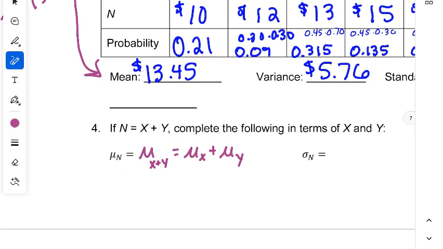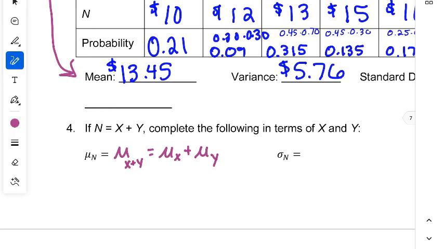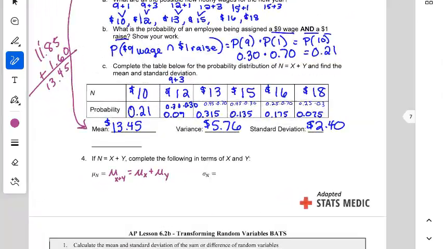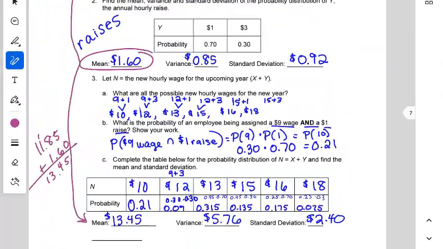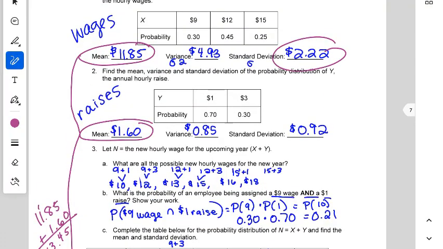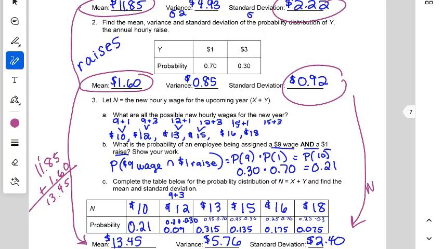All right, let's look at standard deviation though. Do the standard deviations add up? Can I say this plus this equals that? No. But can I say the variances added together equals this variance? It's pretty close, right? I think it comes out to be like 580 or something like that.